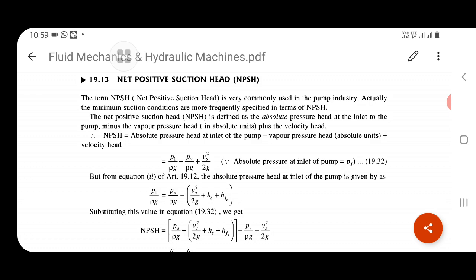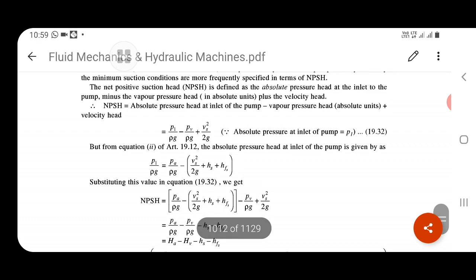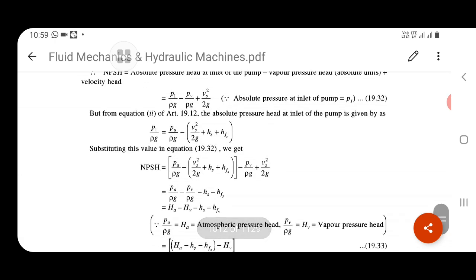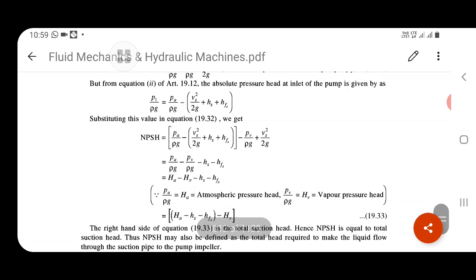From the equation, the absolute pressure head at the inlet of the pump is PA1 upon rho g, equal to PA upon rho g minus V squared upon 2g plus HS plus HFS. Substituting this value in the NPSH equation, NPSH is PA upon rho g minus V squared upon 2g plus HS plus HFS, minus PV upon rho g plus V squared upon 2g.